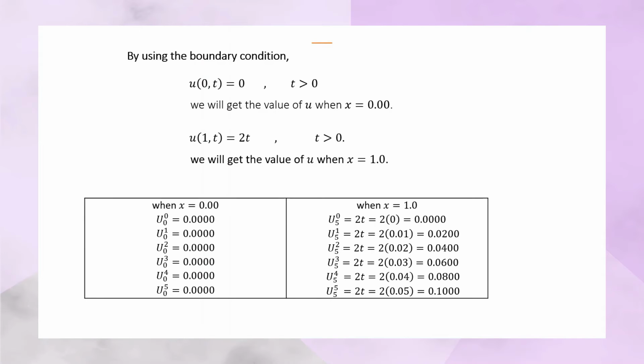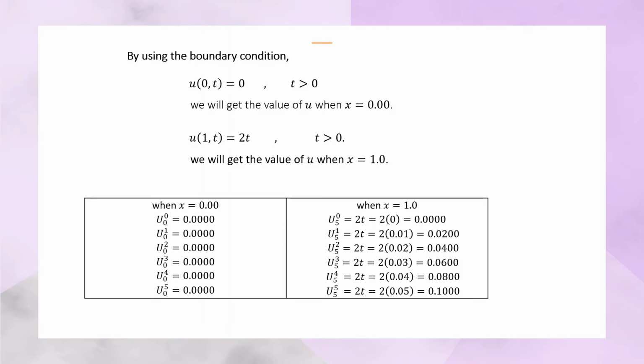By using the boundary conditions, the values we get are displayed in the box. When x equals 0, the values of u00 until u05 are all 0, because the boundary condition when x equals 0 is 0.